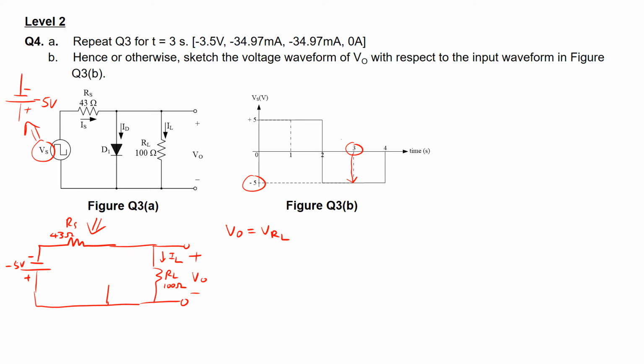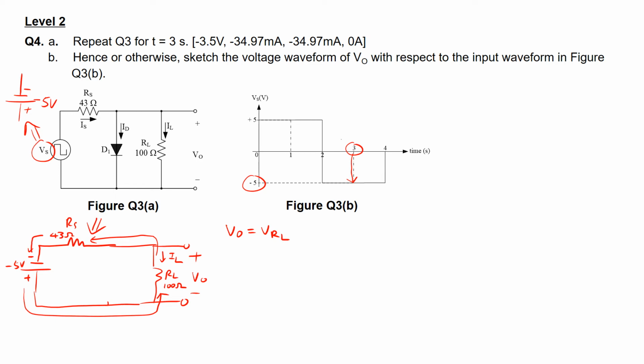The diode D1 is actually an open switch, so when you remove that, since no current is passing through the open switch, you can see that what we have is actually a series circuit that has current flowing this way here, passing through the resistor RL, and then of course through RS as well.